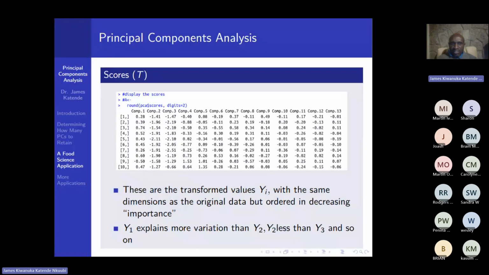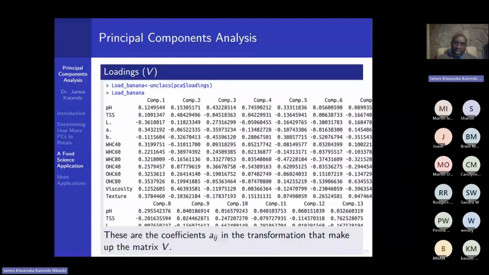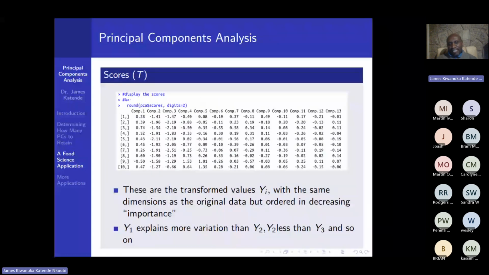So this is now the transformed data. This is what we call the matrix Y. After the data is transformed, this is what it looks like. Remember these were the loadings. These are the coefficients in the matrix V that transforms the data, and this is the data after it has been transformed.